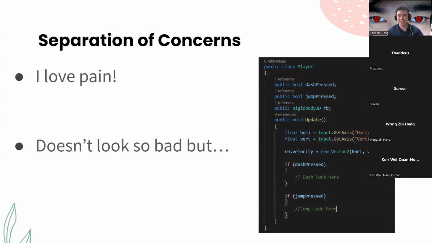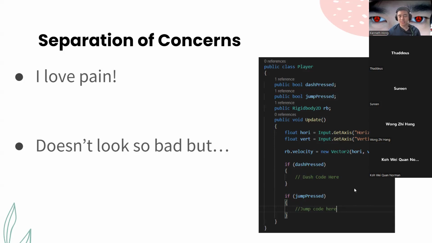In the update method, you can see we have the float hori, float vert, getting the input axis, and then we set the movement to this. Then we have a separate check for dash press, then jump press, and then you have your dash code here, jump code here. It doesn't look so bad now, but further down the line, you might want to separate out these pieces of code.